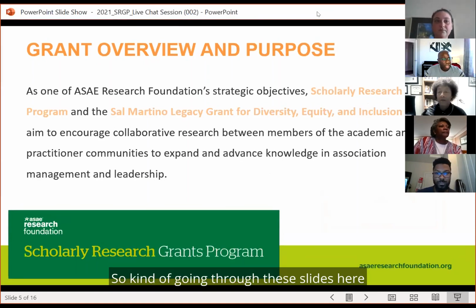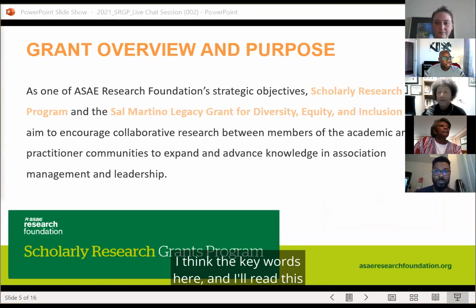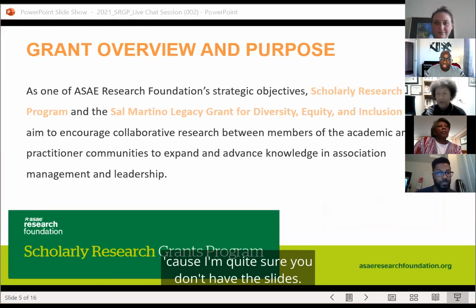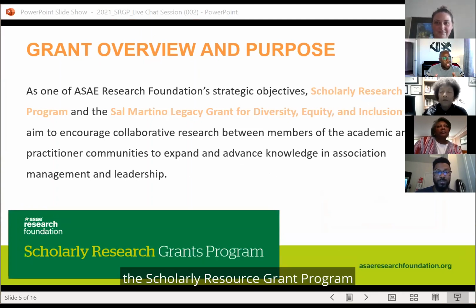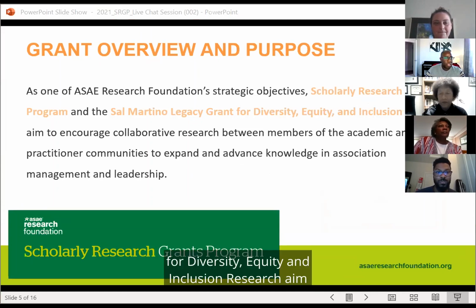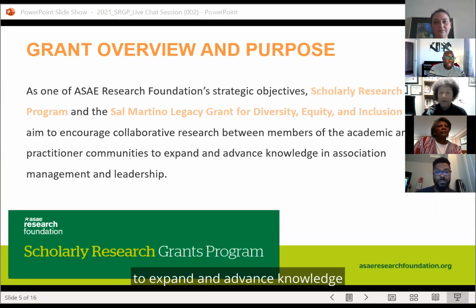So, going through these slides, an overview of the purpose. I think the key words here, and I'll read this because I'm quite sure you don't have the slides: As one of the ASAE Foundation's strategic objectives, the Scholarly Research Grant Program and the Sal Martino Legacy Grant for Diversity, Equity, and Inclusion Research aim to encourage collaborative research between members of the academic and practitioner communities to expand and advance knowledge in association management and leadership.